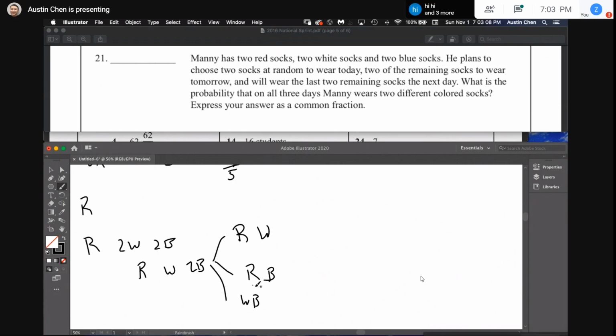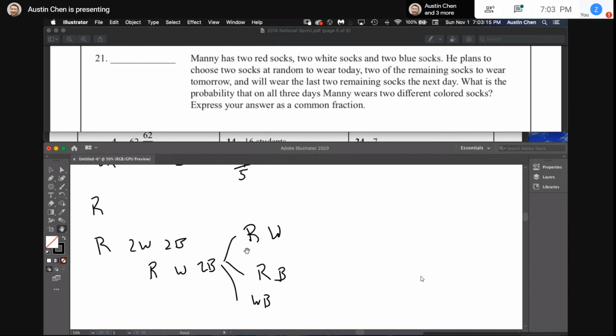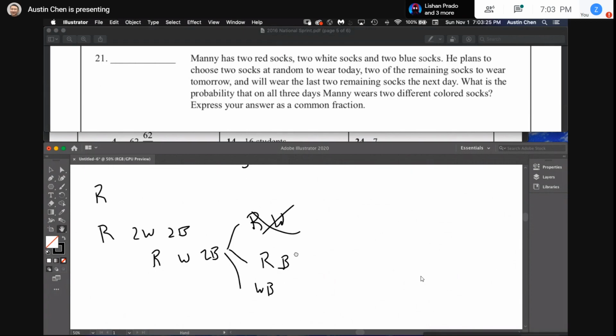Technically, without loss of generality, the red, blue, and white, blue are the same case, but whatever. Okay, so the red-white case will not work, right? Because if we do red-white, he will have two blue socks for the next day. And he can't have two of the same color, right? So that's not gonna work.